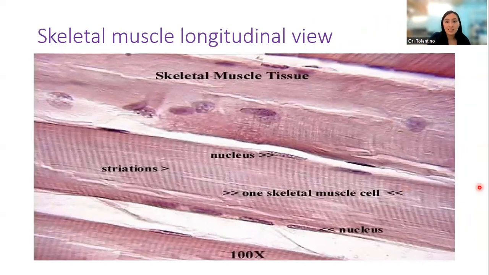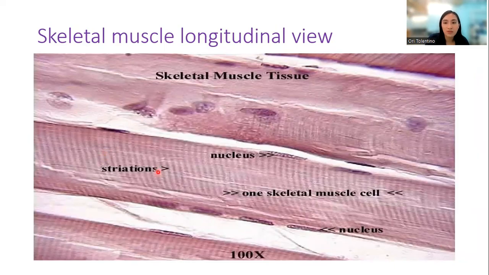Again, a cross section of your skeletal muscle. Note the characteristic appearance of the skeletal fibers. They are long and cylindrical, they look like cylinders, and they have many nuclei. They are multinucleated, and you can clearly see the striations; they look like they have stripes. In this image, the striations are emphasized.